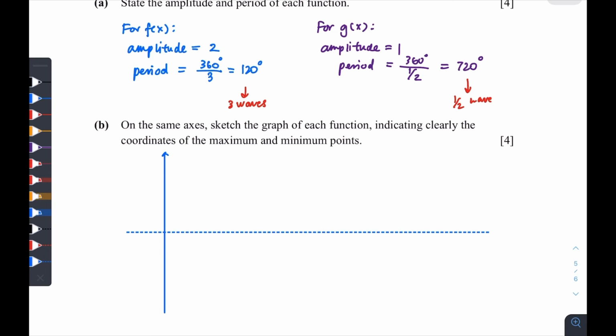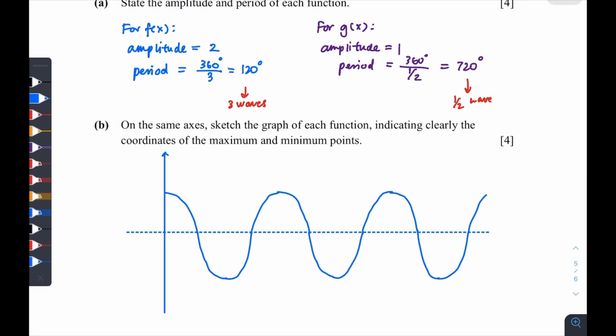Let me go lower, I think lower is a bit better. Okay, so these are my 3 waves. They look painful, but let's figure out where the waves are.